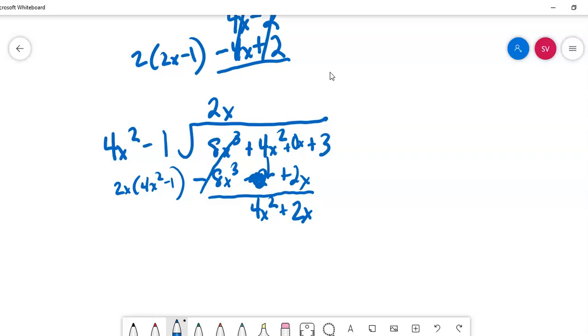And now what we say is, okay, 4x squared times what will give me 4x squared? Plus 1. So we have 4x squared minus 1, and you have to subtract it, so the signs switch. Now notice that this plus 1 doesn't match up here. So what we have to do is bring the 3 down, and this is going to combine better with the 3.